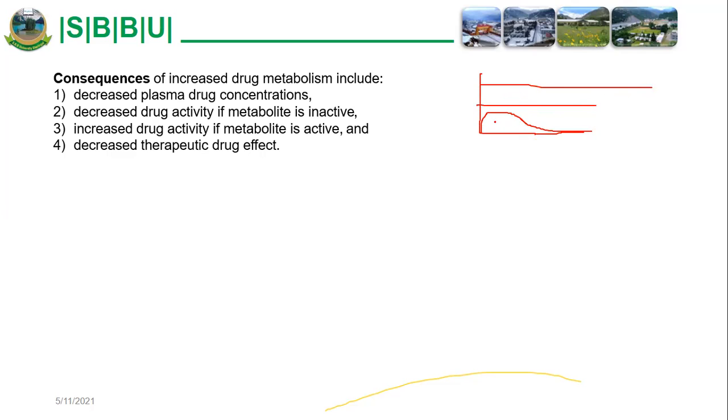If the concentration is decreased, it is not reaching the therapeutic range, so there will be no therapeutic response. It decreases the drug activity if the metabolite is inactive, and increases the drug activity if the metabolite is active. It decreases the therapeutic drug effects.